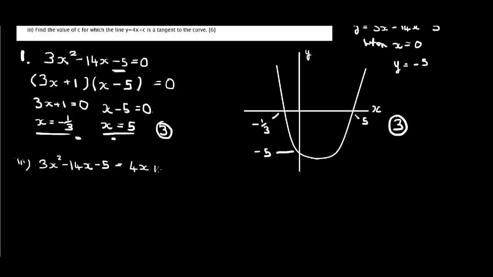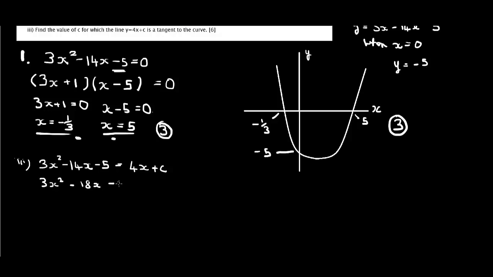Because the line y equals 4x plus c touches the curve 3x squared minus 14x minus 5. So as it touches the curve, because it's a tangent, we know there's only one solution.